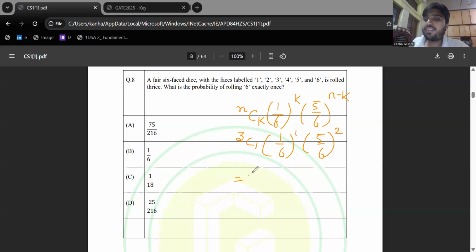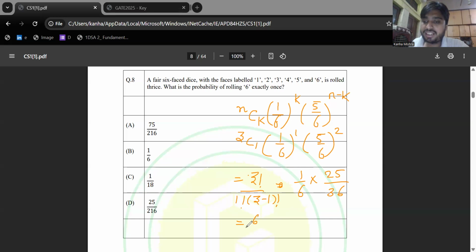So that will be 3 factorial upon 1 factorial and 3 minus 1 factorial. 1 by 6 will remain 1 by 6, into 25 upon 6 squared, which is 36.